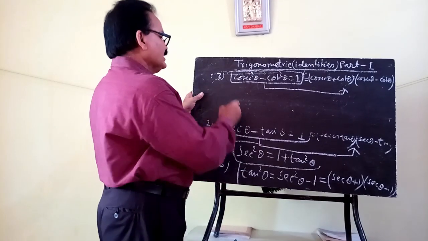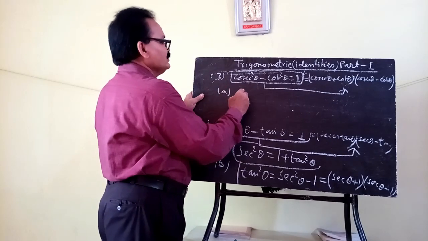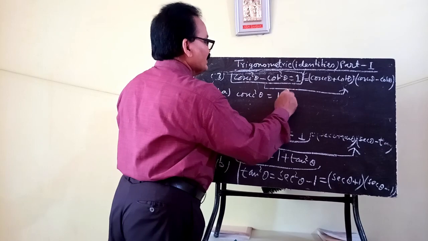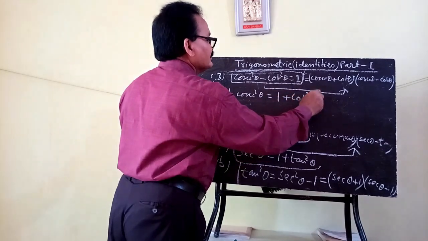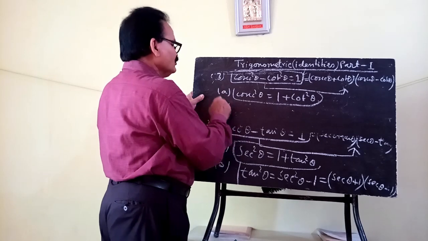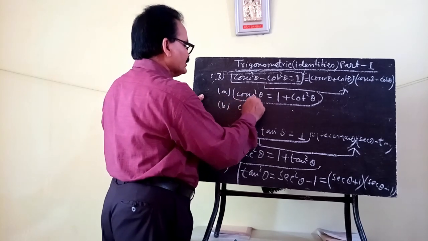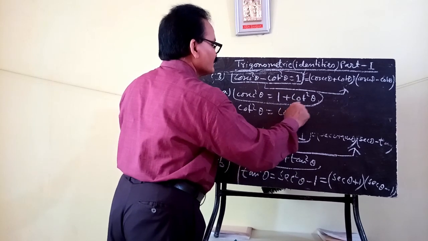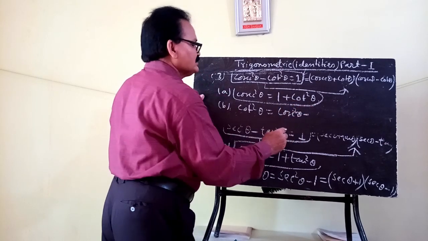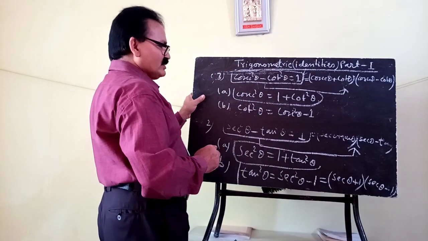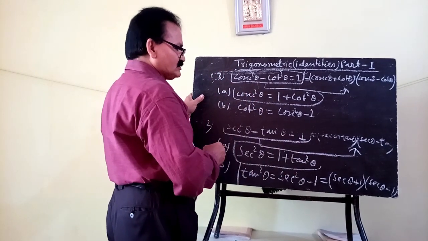Further, you can also use cosec square theta equals 1 plus cot square theta. You may put cot square theta as cosec square theta minus 1 instead of cot square theta.